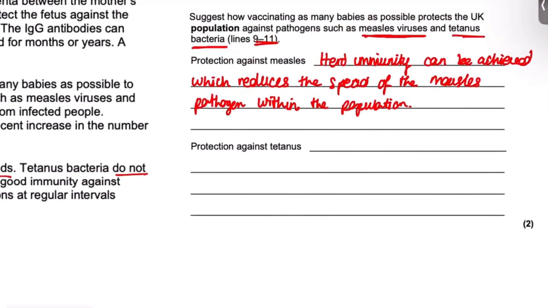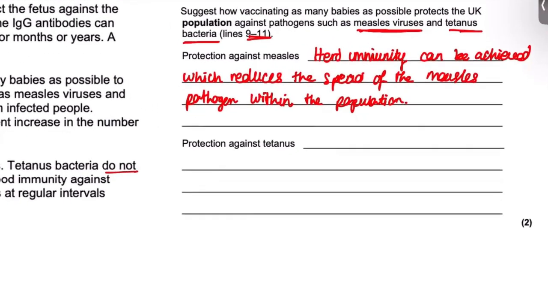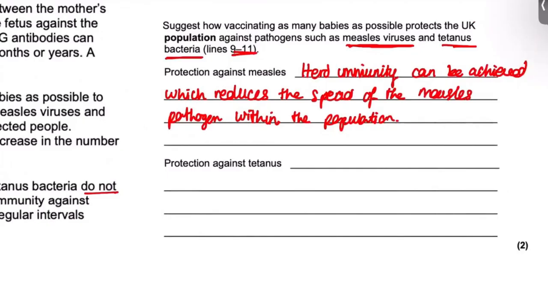Okay, so vaccination doesn't provide herd immunity in terms of tetanus, because tetanus is not spread through infected people. Okay, it spreads through skin wounds, so it doesn't provide herd immunity.